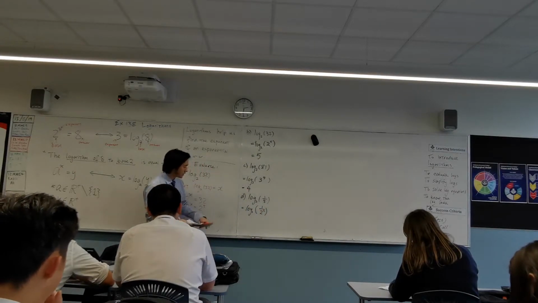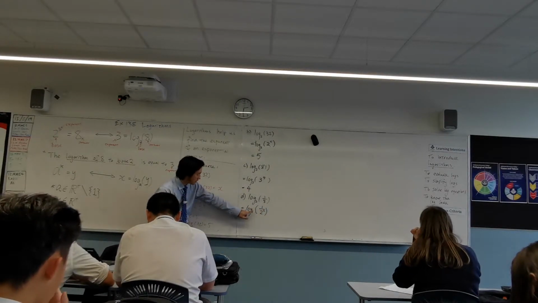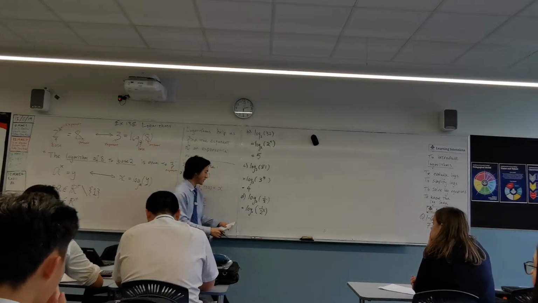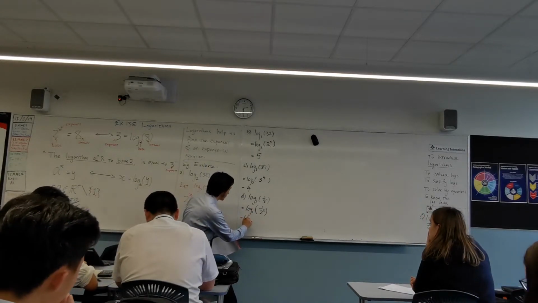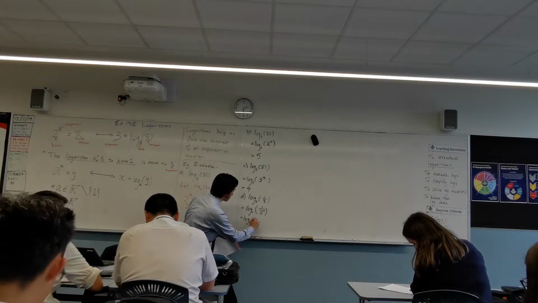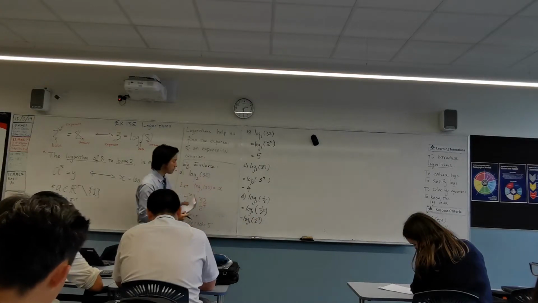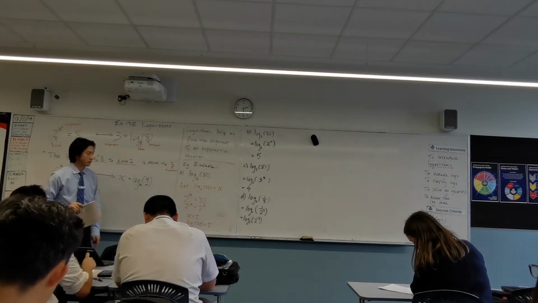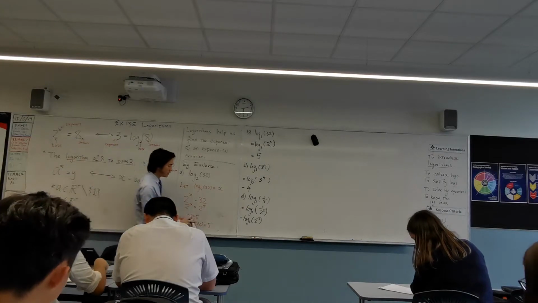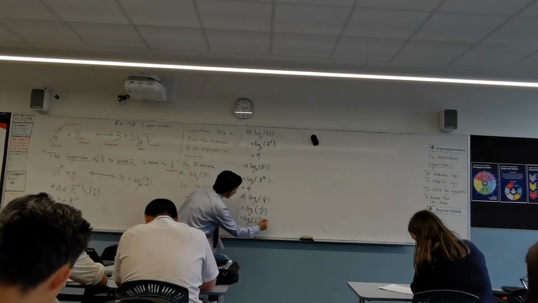Okay, but we're not done yet because that 2 there, it's a denominator 2, not a numerator 2. So I flip it to the numerator, log base 2 of 2 to the minus 3. And our answer is just obtained by reading off the exponent.